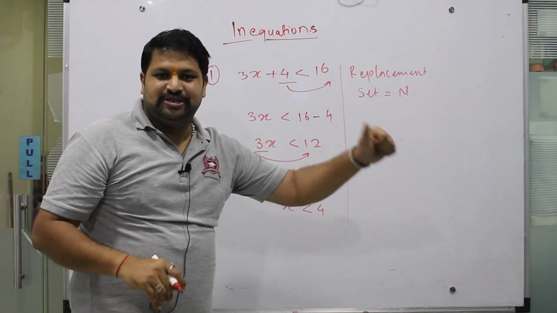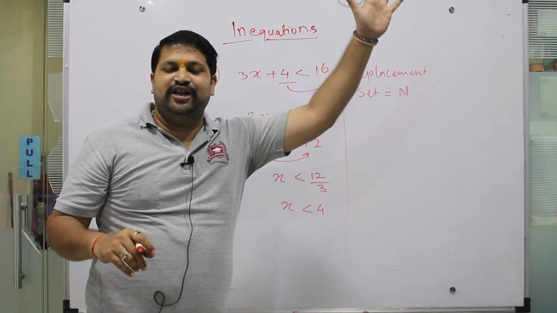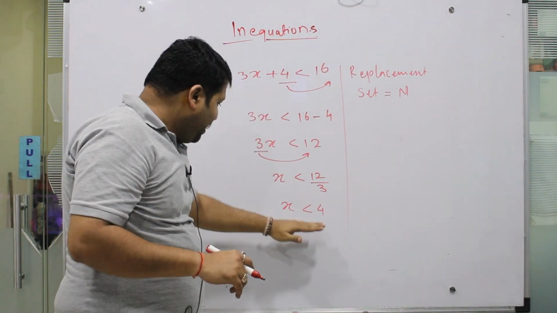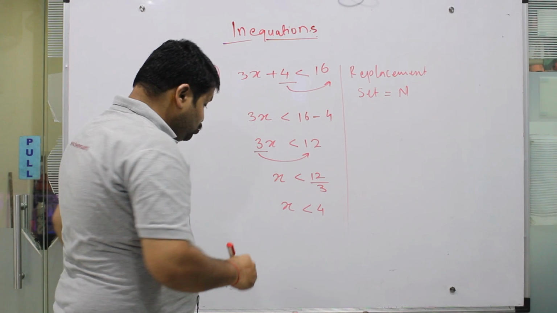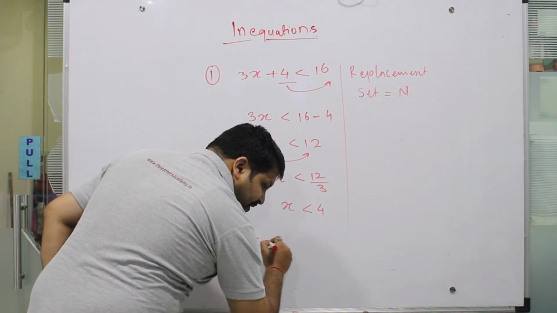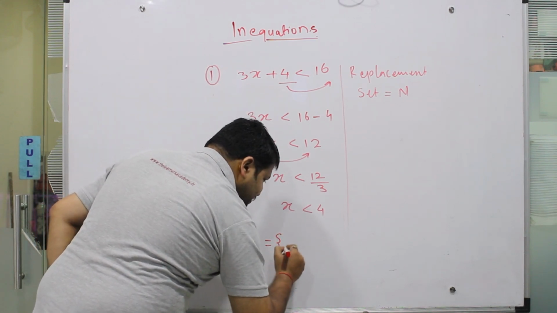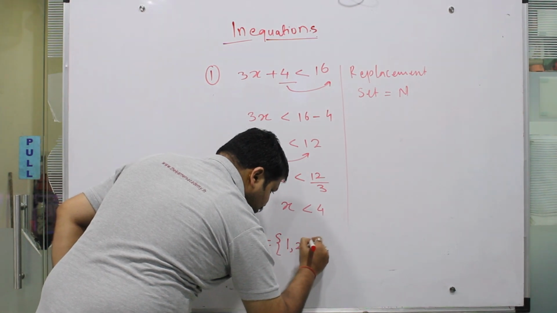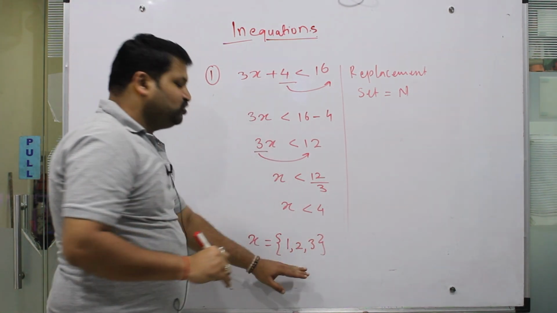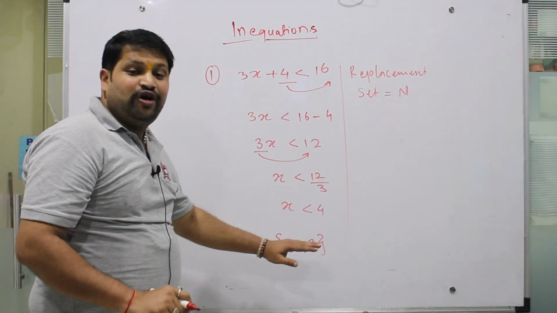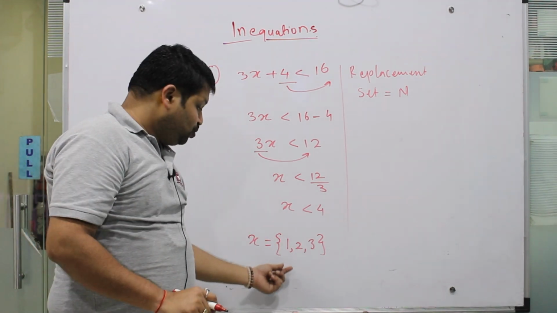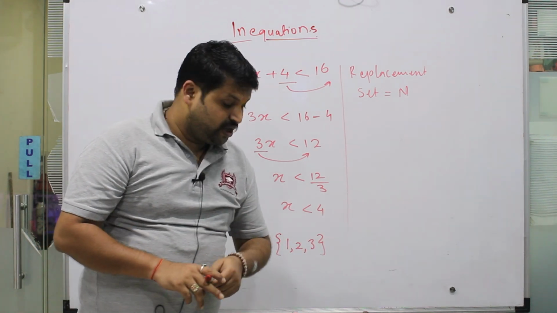Meaning which numbers are these? 1, 2, 3, 4, 5, 6 until infinity. So what can be the value of my x? It can be less than 4. So my x will be, I'll write it in the set notation. These are the values of x that we are going to get, that is 1, 2 and 3.